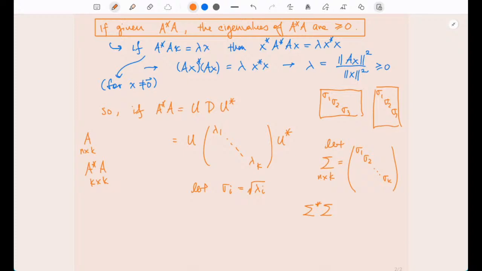Then sigma star sigma will be equal to this D. Basically, factor this, so now we get U sigma star sigma U star.